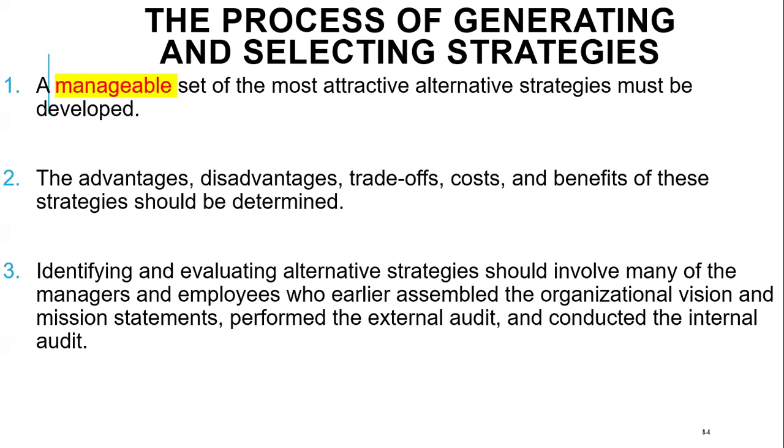So those are some of the benefits that an organization can derive whenever a lot of stakeholders, including managers and employees, that were involved from the commencement of the strategic process, are also involved in the generation and selection of the strategies.